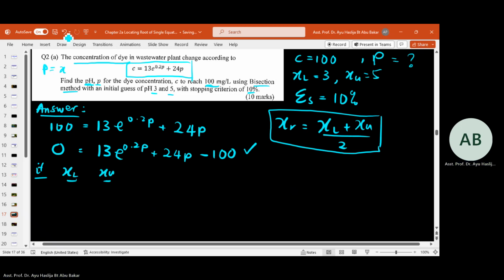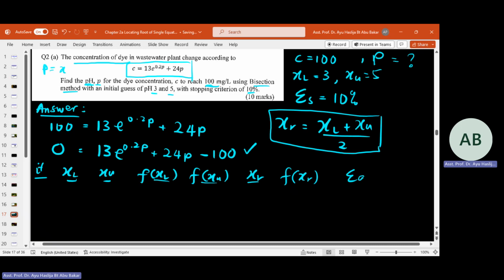What else? FXL, FXU, then XR, FXR, EA. So first iteration, XL is 3, XU is 5. Find out your FXL, FXU. Then you can find the XR.